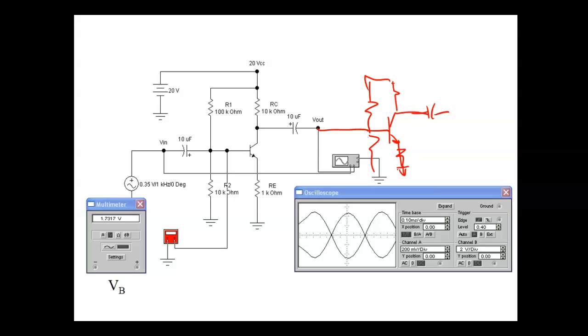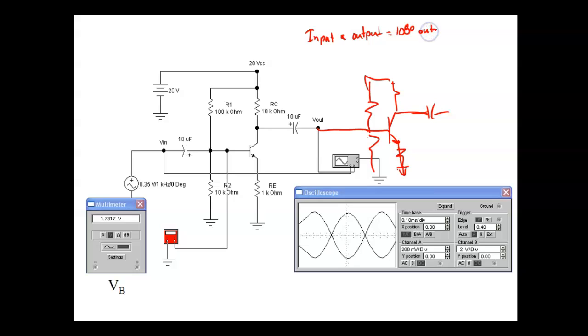Because we're trying to bring a high input impedance sensor into my amplifier. And then once we get enough voltage, we keep getting higher and higher gains, right? You understand? This guy right here, its characteristics: the input and the output are always going to be 180 degrees out of phase, right?